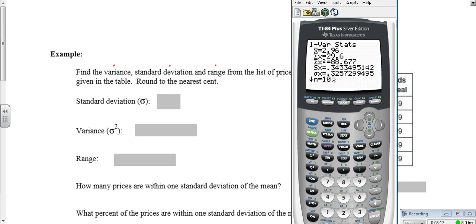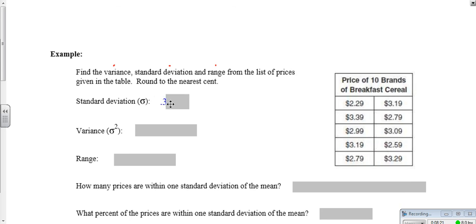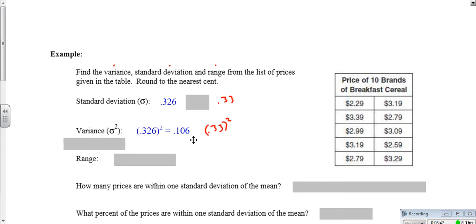Standard deviation, 0.33. Alright, so now round it to the nearest cent, so 0.33 is more accurate. Alright, now 0.33 cents. Variance would be 0.33 squared. Alright, and that would be 0.106.